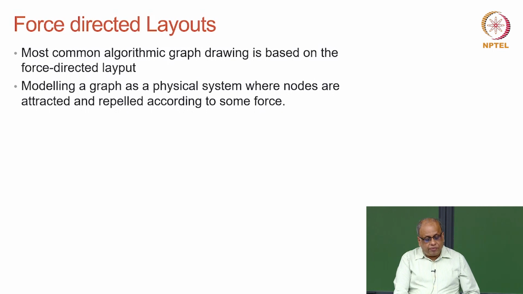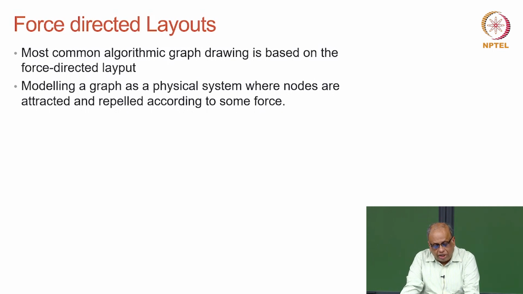So one kind of algorithm became very popular for graph layout, which is called force directed layout. This kind of algorithm has become very popular, and people are still trying to create versions of it. Here they tried to model a graph as a physical system.